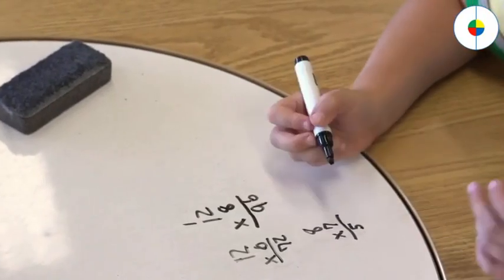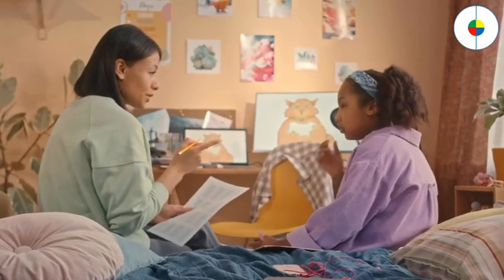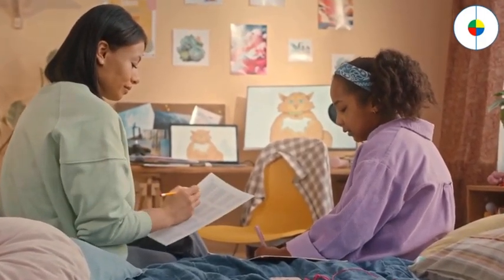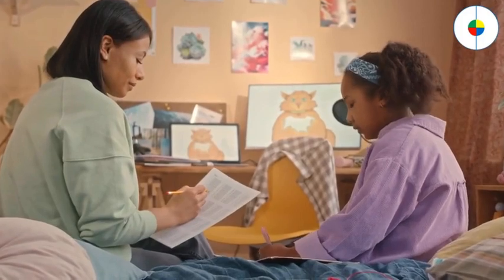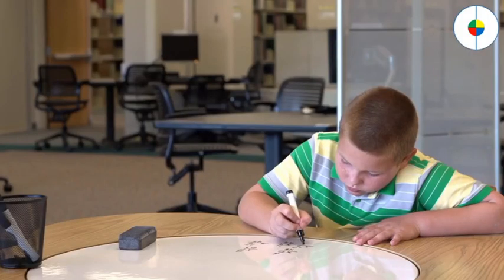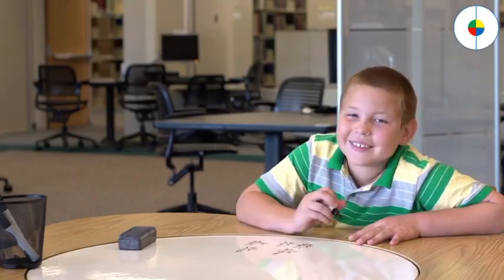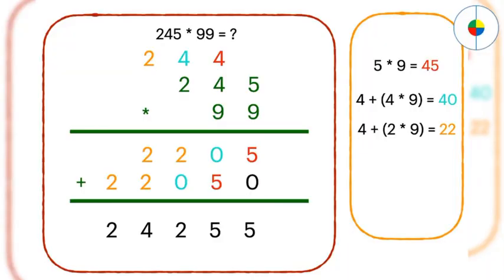Regrouping for multiplication and division. Once you can fluently calculate all the combinations in the multiplication and division chart, you can start to learn the concepts of regrouping. For multiplication, when the product of the position of two numbers is greater than or equal to 10, you add the tens digit of the product to the next position. For example, 245 times 9: 5 times 9 equals 45, greater than 10.